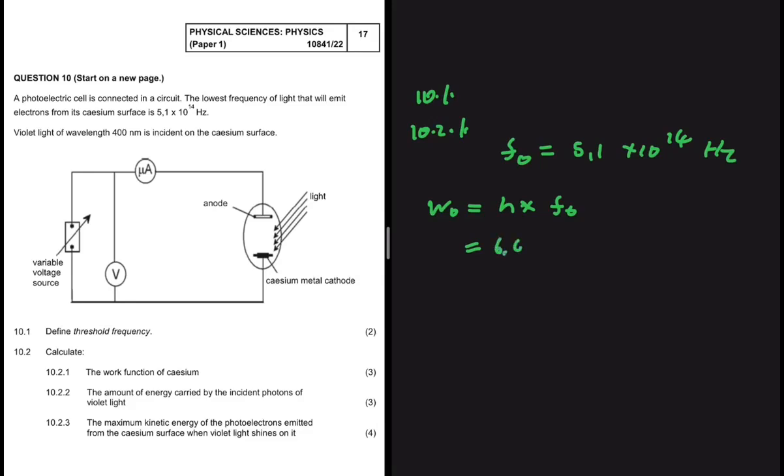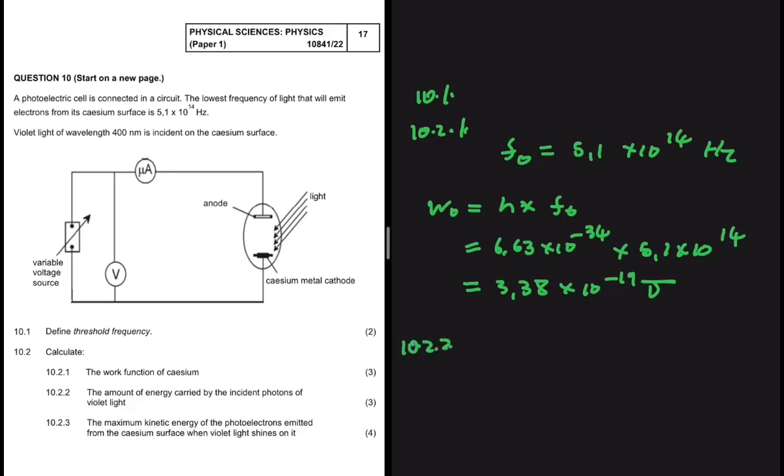It is 6.63 times 10 to the minus 34 multiplied by the threshold frequency, which is 5.1 times 10 to the 14, and this is equal to 3.38 times 10 to the minus 19 joules. We have our work function. This is the minimum amount of energy required for an electron to be emitted.